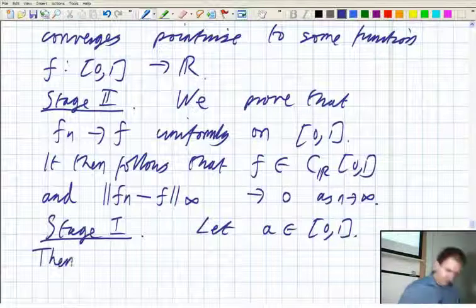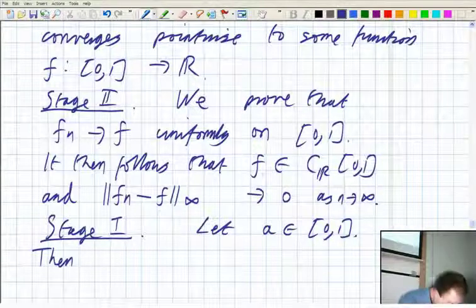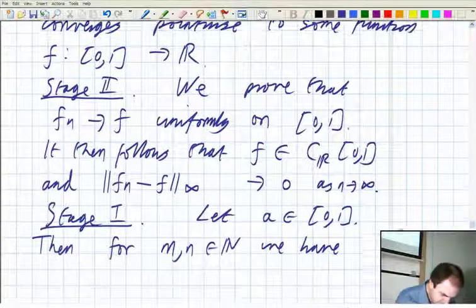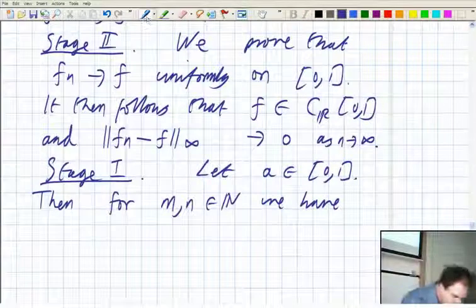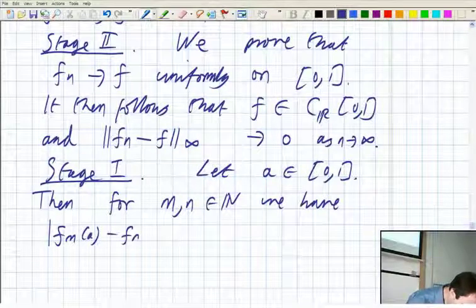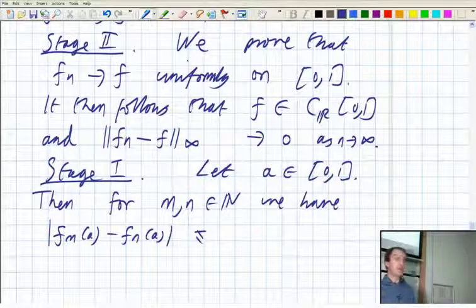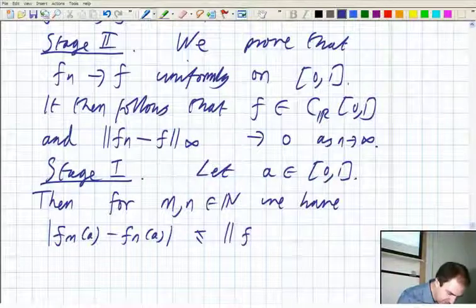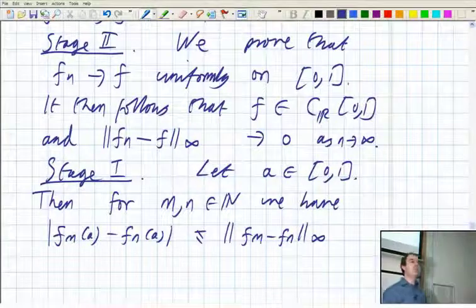Then for natural numbers m and n, you've got modulus of fm of A minus fn of A. Well, that's just one of the difference values. That's less than or equal to the supremum of all of those, which is the norm of fm minus fn infinity, which is the supremum over all values in [0,1].